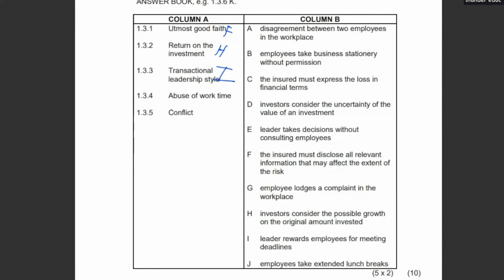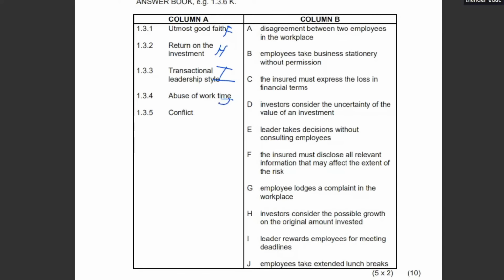They also take into account forced or child labor, and the leaves, and how the business should approach such. Okay, right. So the appropriate answer for 1.3.4 is employees take extended lunch breaks. This is the correct description that suits the concept. Thank you very much. Good.